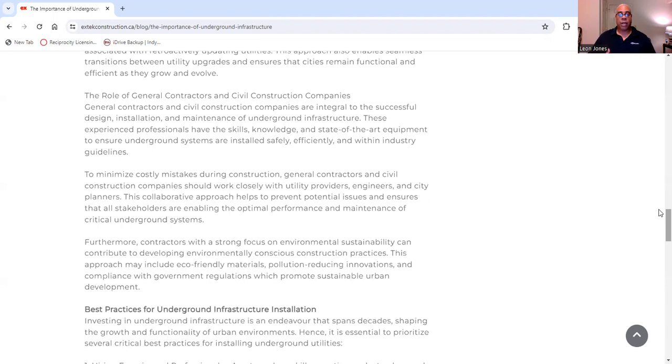Furthermore, contractors with a strong focus on environmental sustainability can contribute to developing environmentally friendly construction practices. This approach may include eco-friendly materials, pollution-reducing innovations, and compliance with government regulations which promote sustainable urban development.